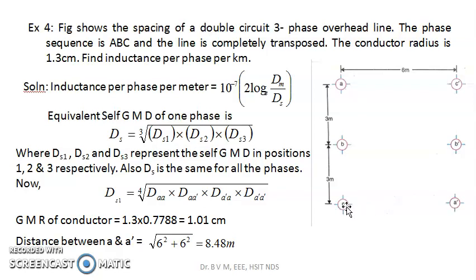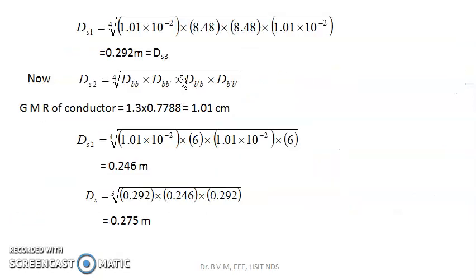Similarly, ds3, that is in the third position, is d of cc, d of cc dash, d of c dash c, d of c dash c dash. This is the same as that of ds1, so that will be the same 0.292 meters.